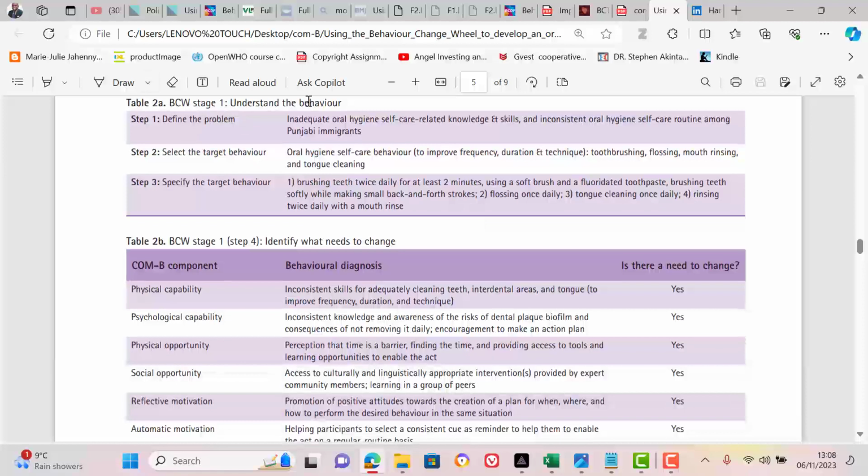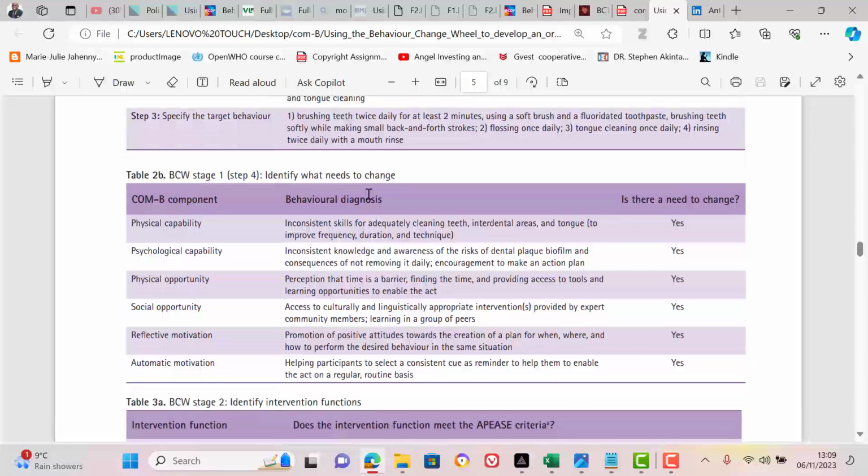Stage 1 is to understand the behavior: define the problem. The behavior was adequately specified, and then specify the target behavior, including the frequency, duration, and technique. Then, like I was saying in step 4, identify what needs to change.